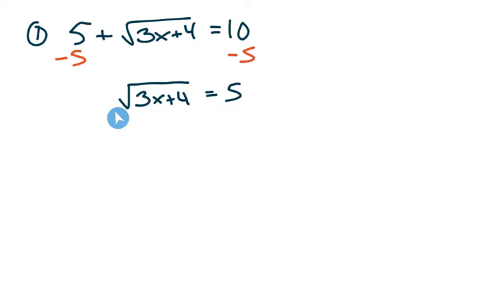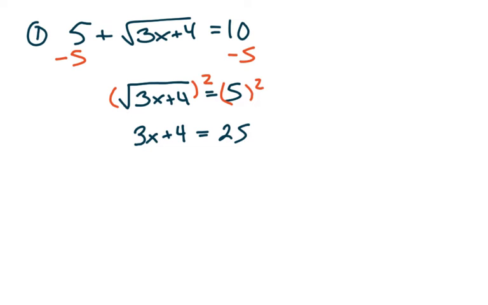Now we need to get rid of the square root. So to get rid of the square root here, we are going to square both sides. And when we do that, the square and the square root cancel on the left side. So 3x plus 4 equals 5 squared, which is 25.